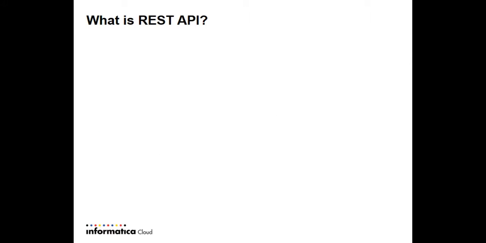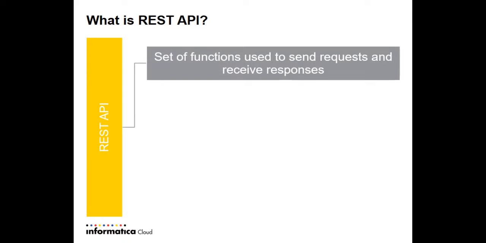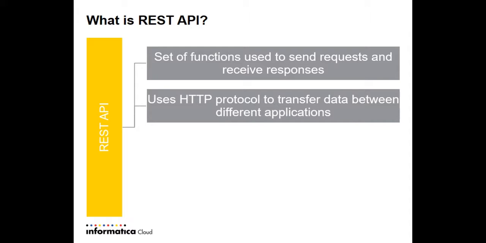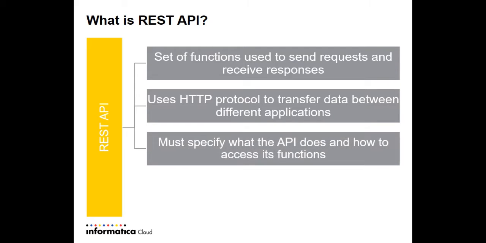In the earlier module, we discussed what web services are, their types, and their functionalities with special focus on RESTful web services. Let us now discuss what are the REST APIs. A REST API defines a set of functions which users can execute to send requests and receive responses using the HTTP protocol. The REST API should specify what functionalities it can provide and how to use them in detail.